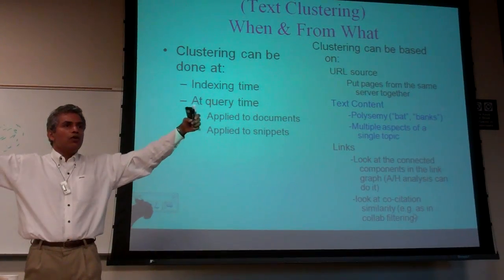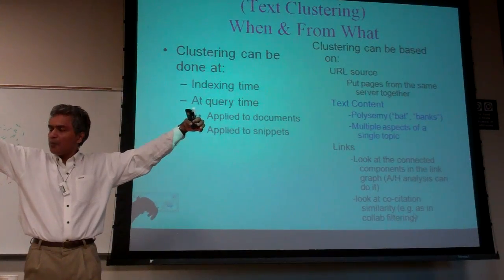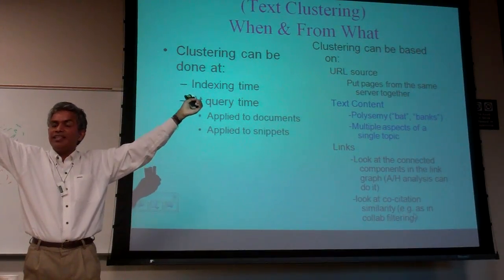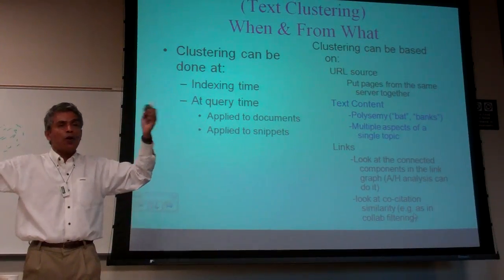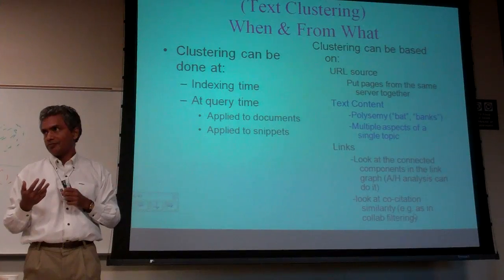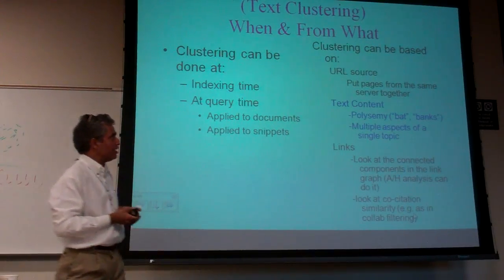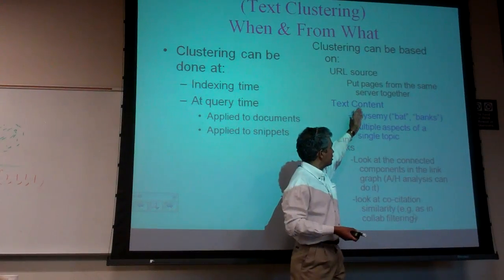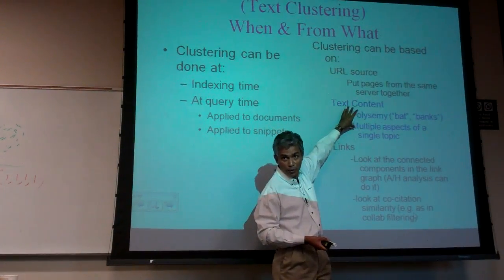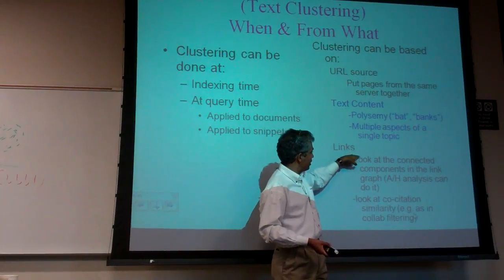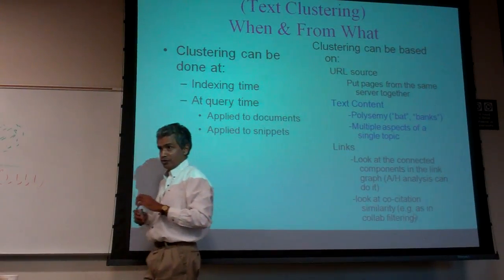For example, two documents, both of which are pointing to the same 18 pages and are being pointed to by the same 17 pages, are probably similar, even if their text doesn't look similar. So that would be a link-based, URL-based distance, versus text-based distance, which is what we'll mostly look at in the classes. But URL as well as link-based distances can also be used.